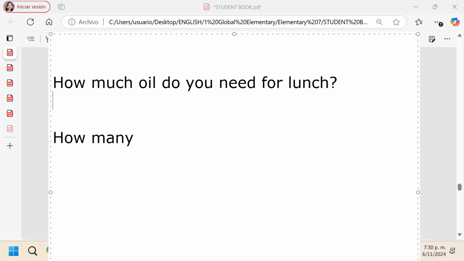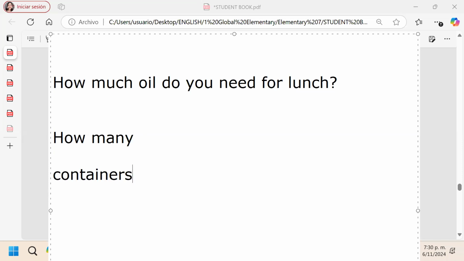Desde el momento en que yo le pongo un container, que eso lo vamos a ver pronto, los contenedores, containers, cuando yo le pongo un container, a liter, a cup, a glass, 1 pound, a kilogram, I can say how many. Yes, I can say it. But if it is like this, just oil, no, that's how much. How much oil?